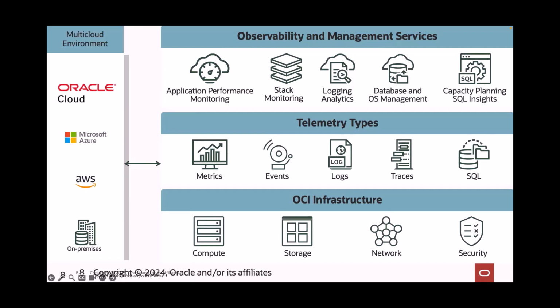These services are all built on top of foundational services, such as OCI Monitoring and OCI Notification Service, just to name a couple. But in this session, in particular, we're going to cover stack monitoring.